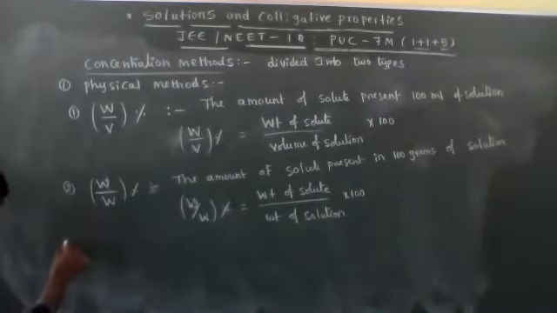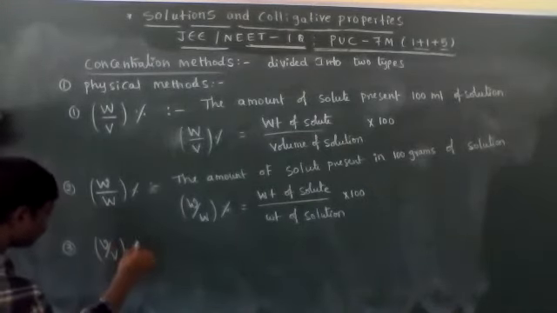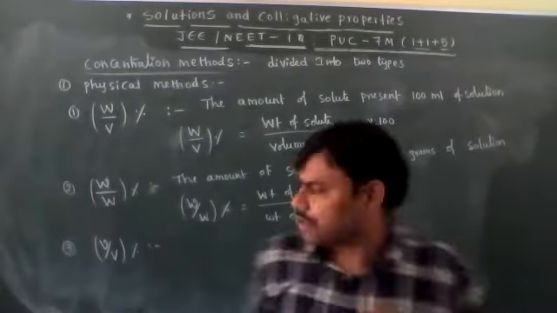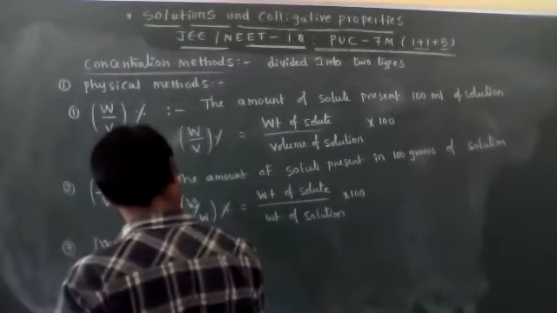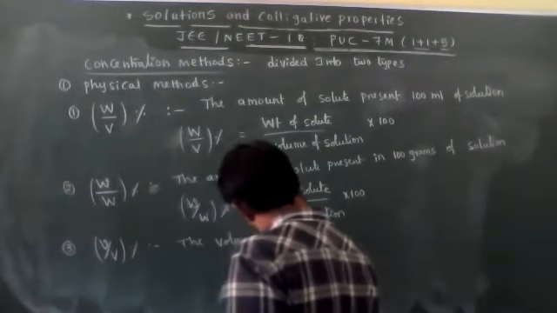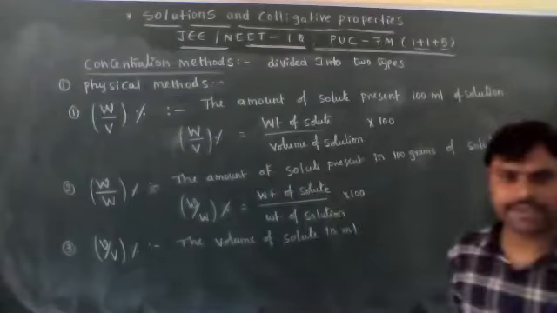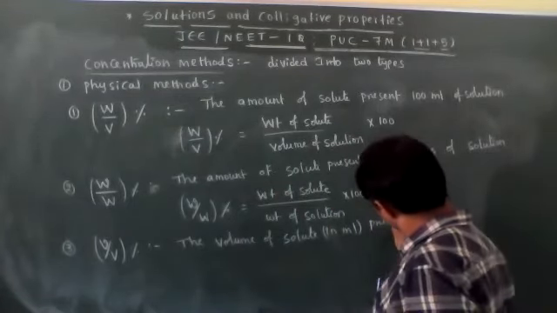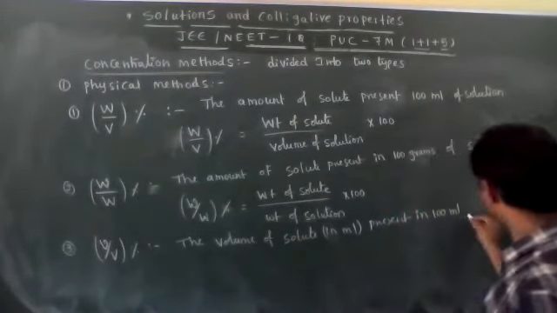And the third one, volume by volume percentage. Volume by volume percentage means the volume of solute, in ml, present in 100 ml of solution.